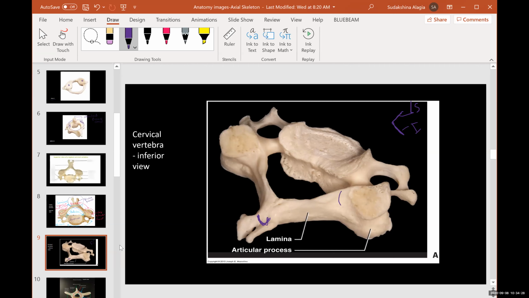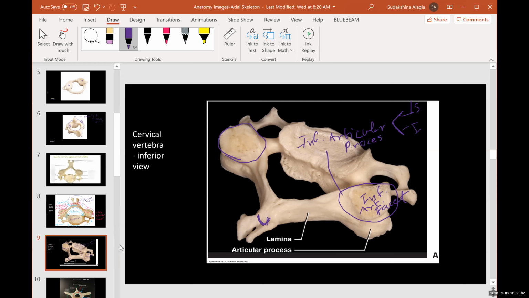Basically, that's what we are looking at. Inferior articular process and inferior articular facet. Here and here.